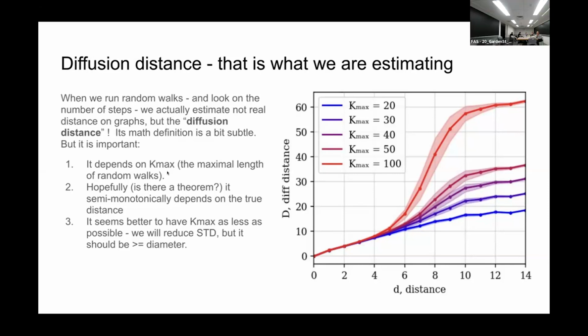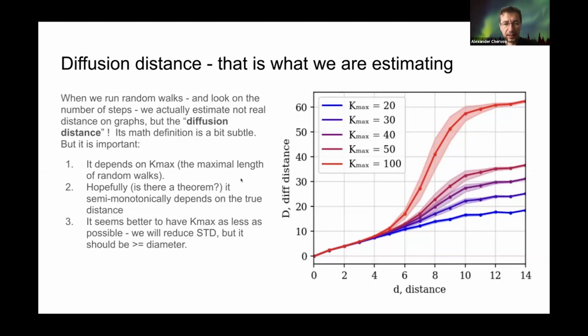So you want something like the diameter, but a random walk is not always going forward. Sometimes it makes a step back. That's why you want to make it a little bit larger than the diameter, to compensate for the random walk sometimes going in the back direction.